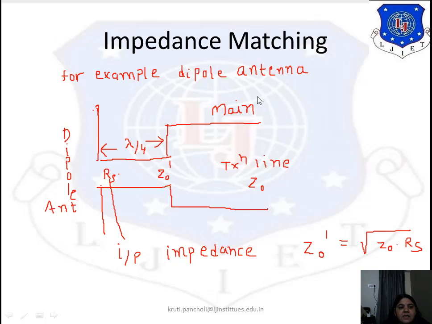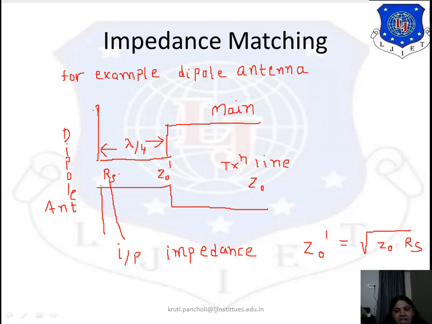Here is the example of a dipole antenna. This dipole antenna has a resistive input impedance Rs. This Rs can be matched to the main transmission line having characteristic impedance Z0 by means of a quarter wave transformer having characteristic impedance Z0 dash.